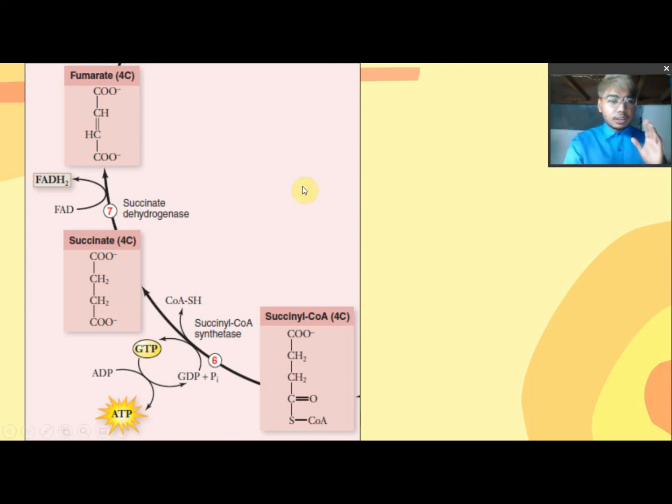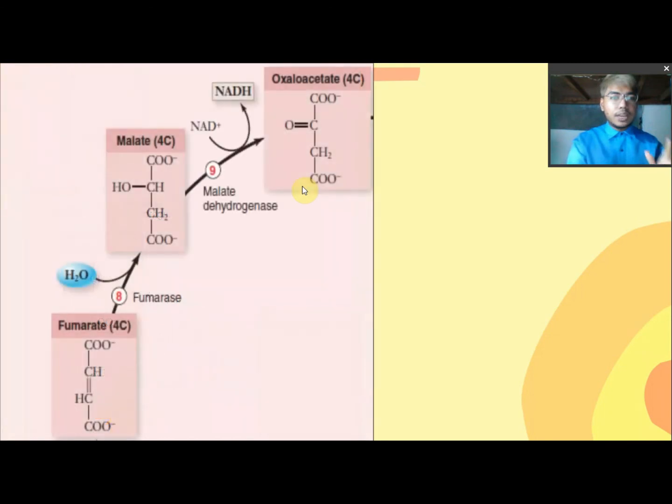Now, we have the product known as fumarate. Then the fumarate will react with the enzyme known as fumarase, which will attach a water molecule. That water molecule will be split into a hydrogen ion and hydroxide. The hydroxide will be attached on carbon number 2 while the hydrogen ion will be attached on carbon number 3, creating a new 4-carbon compound known as malate.